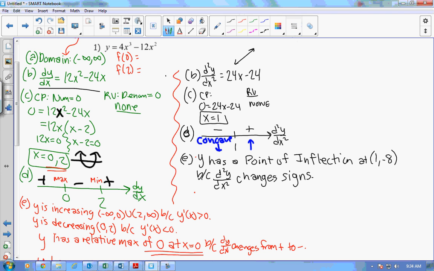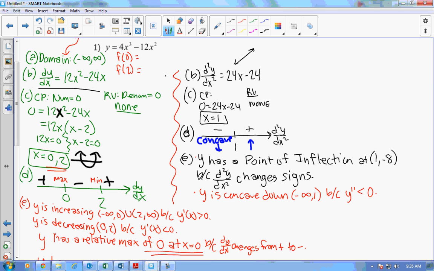Okay, so y is concave down on the interval negative infinity, that's not an infinity, that's an 8. Negative infinity to 1. We know this because y double prime is less than 0 or negative.